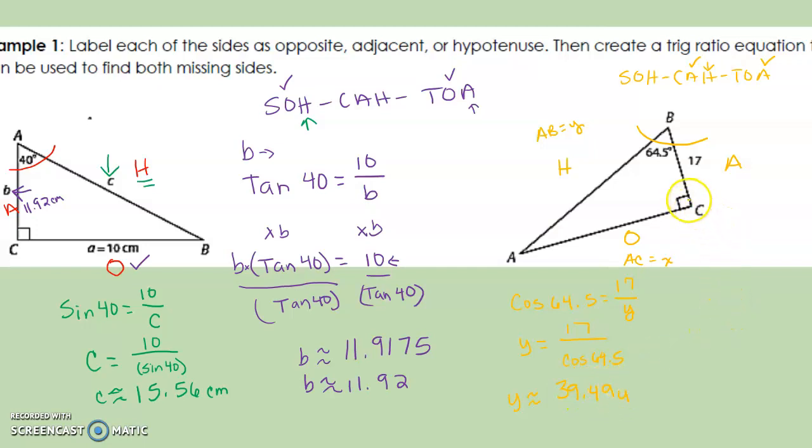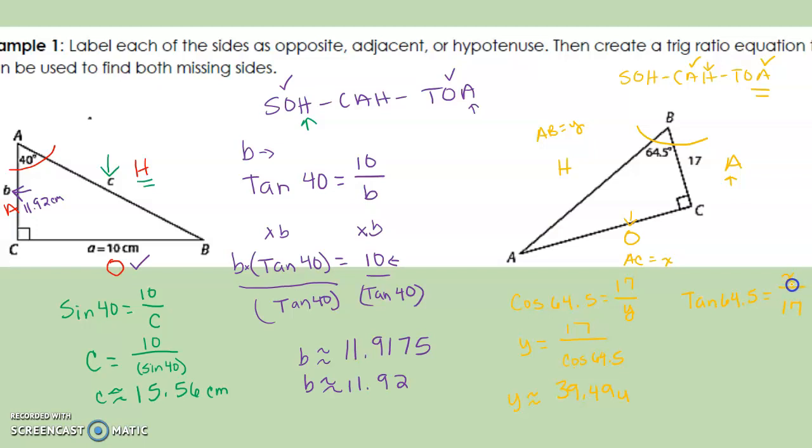And then when I go to look at side AC, which is my X, that's where I've got my O in play. So an O and an A, I find O and A in tangent. So I would use tan 64.5 equals my opposite, which I've labeled as X, over my adjacent, which is 17. Now my variable's in the numerator. These are even easier.